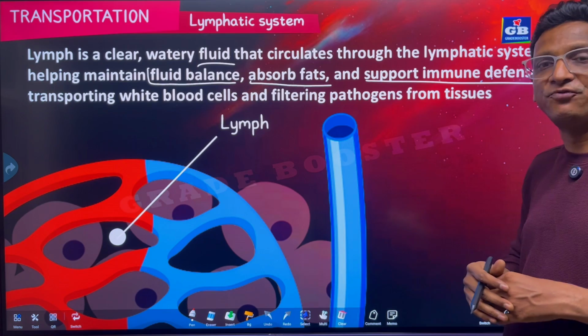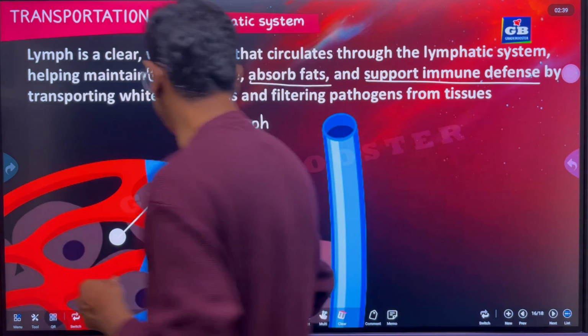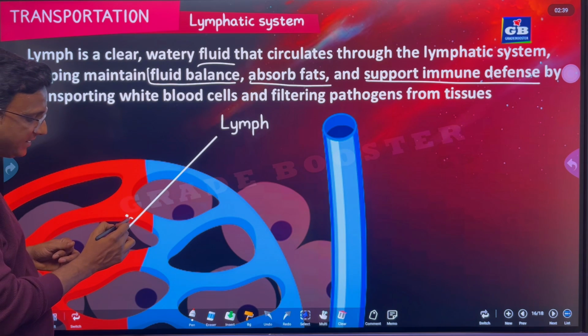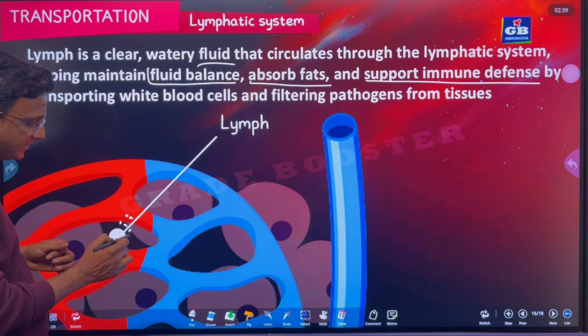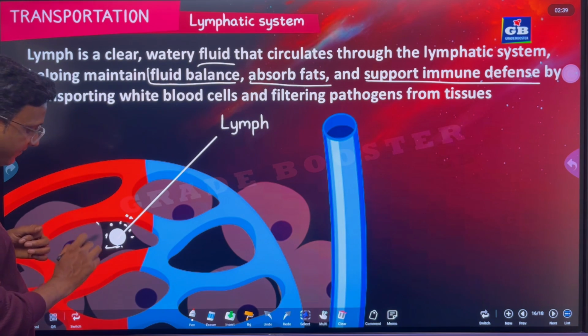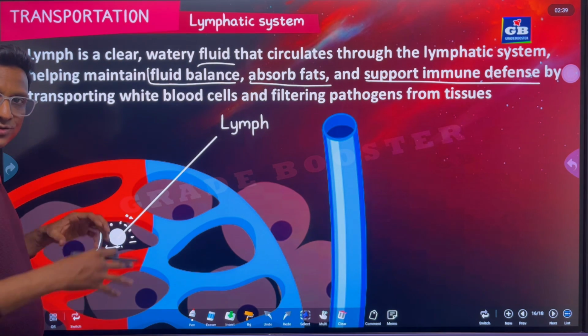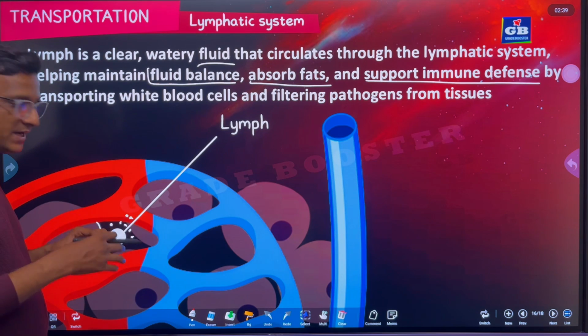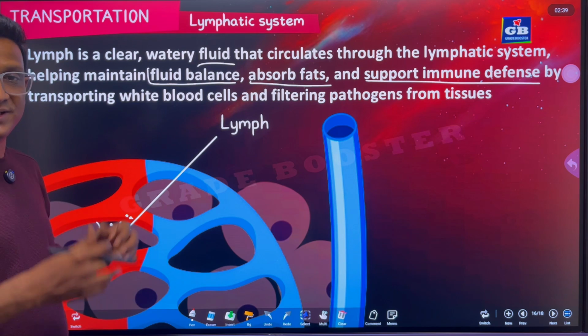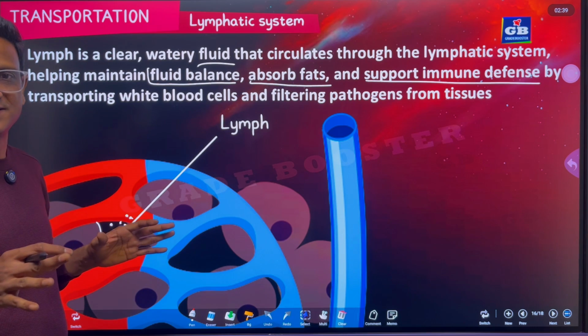Then how is this lymph formed? Here you can see the blood vessel. These are the capillaries. From the capillaries, some materials leak into the intercellular space, that means the space between the cells. Into that space, some materials leak from the capillaries. These materials do not contain red blood cells.